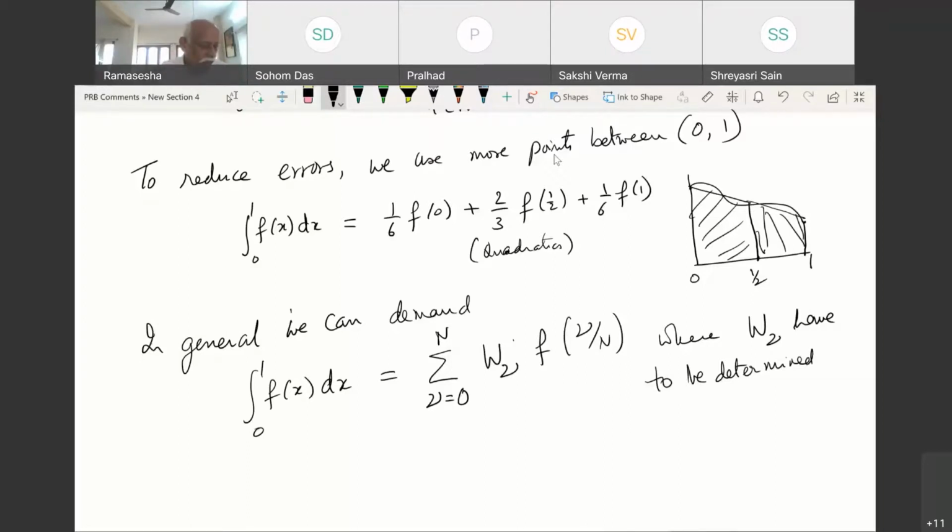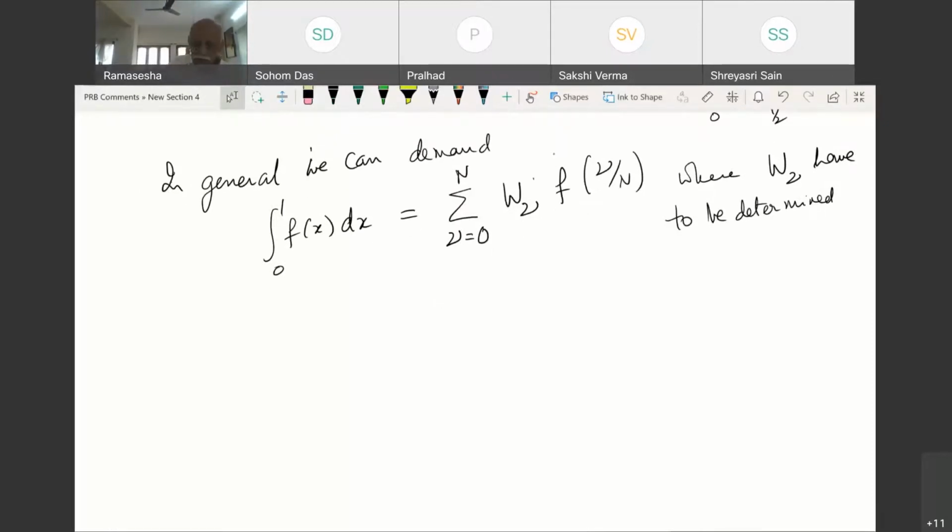There are n plus 1 weights w_nu that we have to determine.